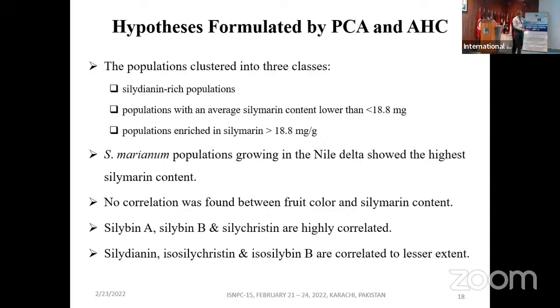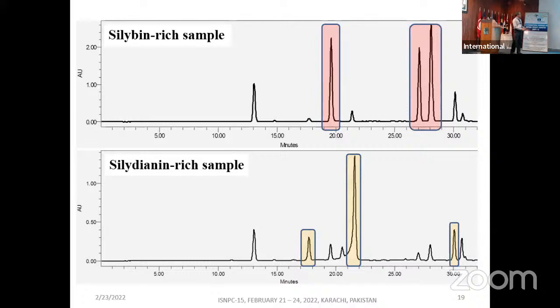And most importantly, the last 2 hypotheses here: we found a high correlation between silybin A, silybin B, and silychristin, and a little bit lower correlation, or some correlation to a lesser extent, as we can see in the quantitative data now, between another 3 flavonolignans inside the silymarin: silydianin, isosilychristin, and isosilybin.